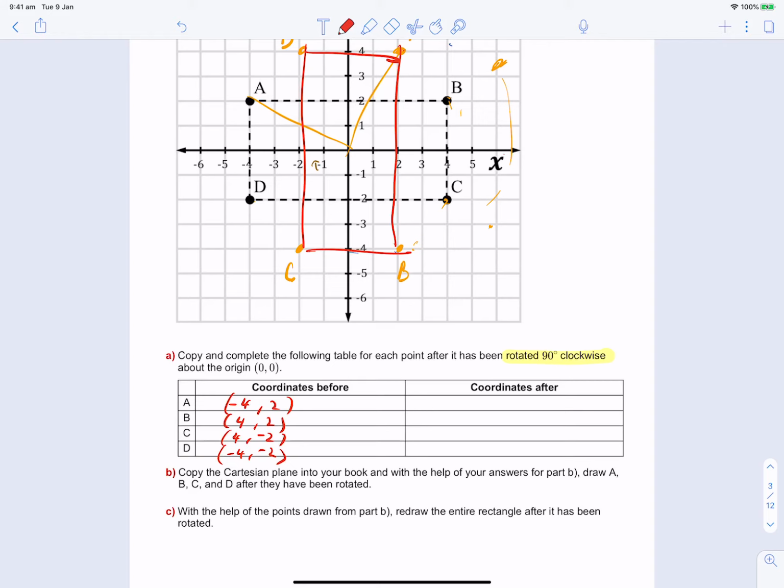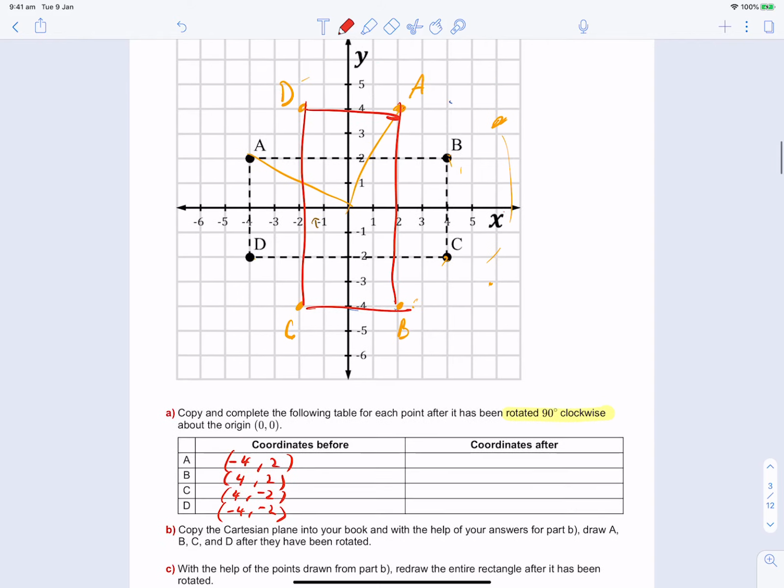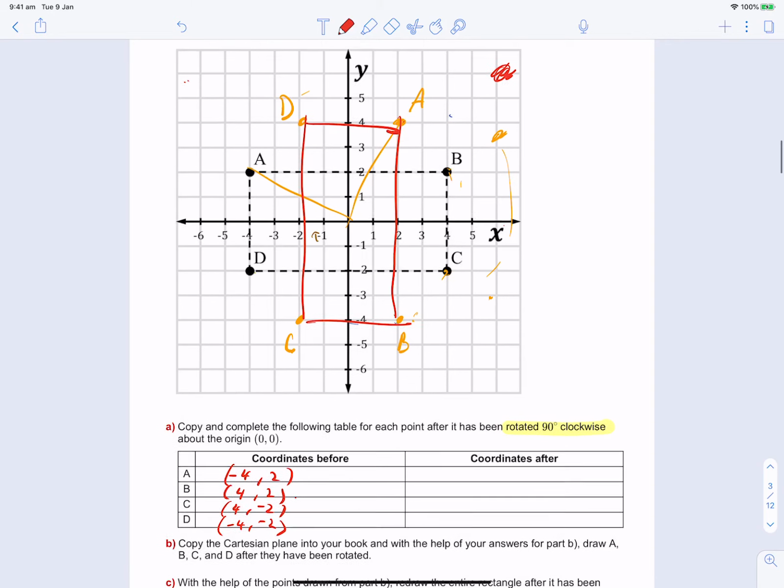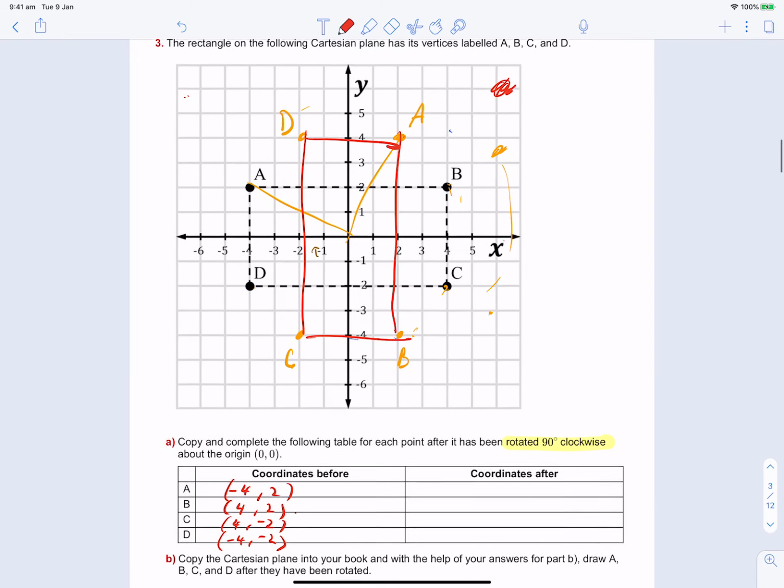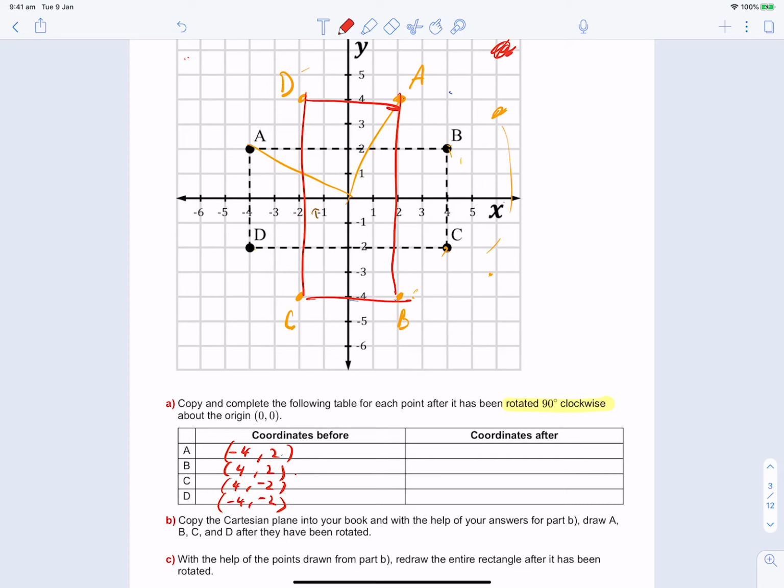And if we want to just look at our points briefly, this is something that's not really part of this, just something to think about. B is in this quarter here, and both my points are positive. D is in this one here, and my Y value is positive, but my X value is negative. So every time you're in one of these quarters, you've got a certain pattern that's different to the other ones.